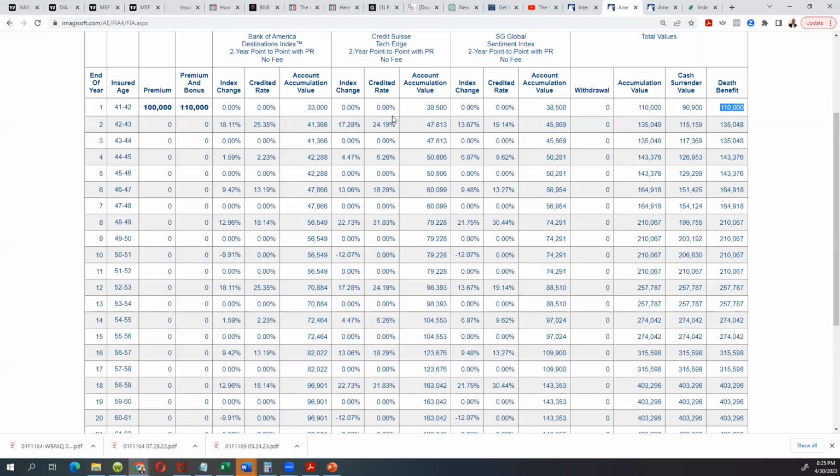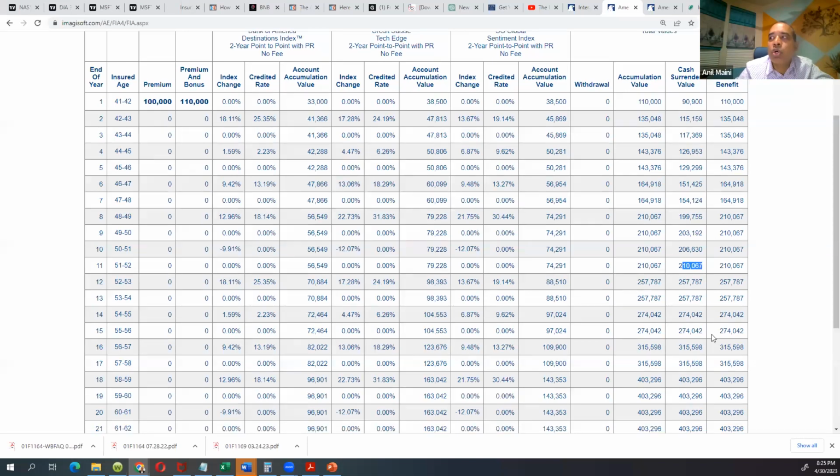But if he surrenders, then the bonus is not passed on, as you know. So there are some surrender charges for the initial 10 years, and after 10 years there are no surrender charges. So in the 11th year, whatever the accumulated value is, it is the same as the cash surrender value.